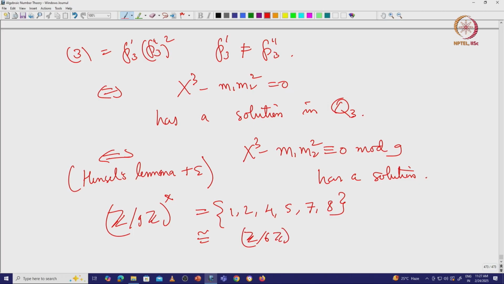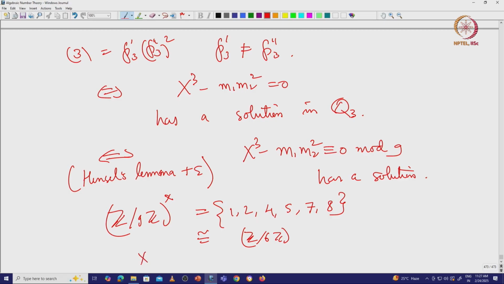The isomorphism is not unique, but it is isomorphic to this thing, and so the only cubes in here are plus and minus 1.